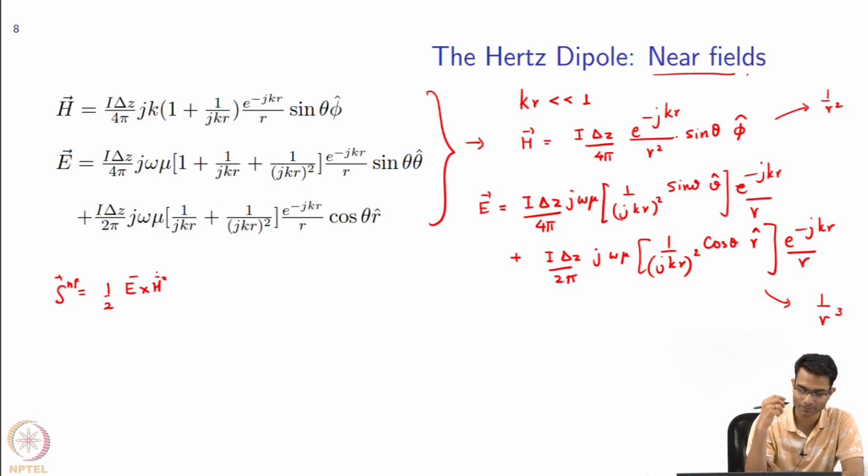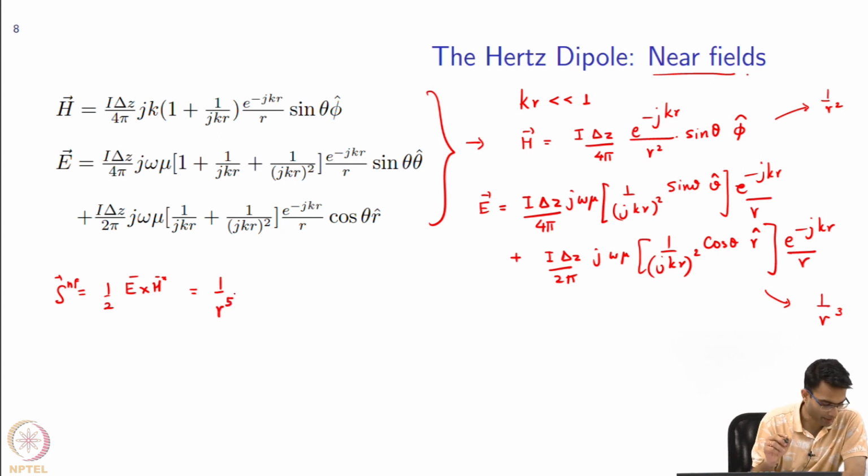A lot of terms, right? But what are the essential features over here? I should get a 1 by r to the 5, 1 by r 5. What directions will I expect? So, there is a theta cross phi.